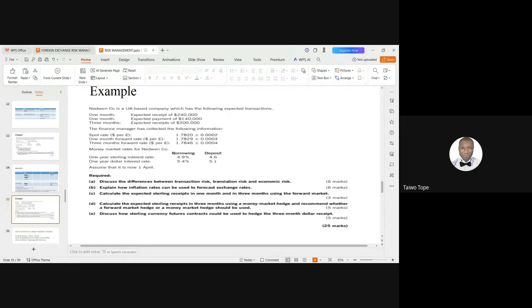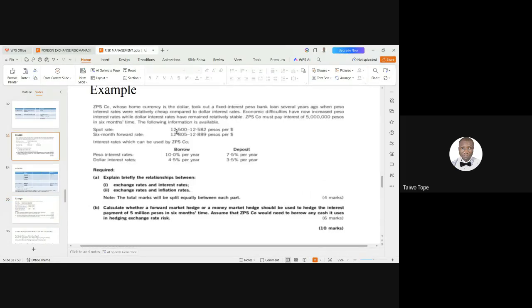Instead of working it out for you, they want you to determine it. So when you see plus and minus, don't run away. Simply, the higher value will be 1.7820 plus this value, and the lower value will be 1.7820 minus this value. In the other case, the spot rate is directly given to you as 12.500 to 12.5820.